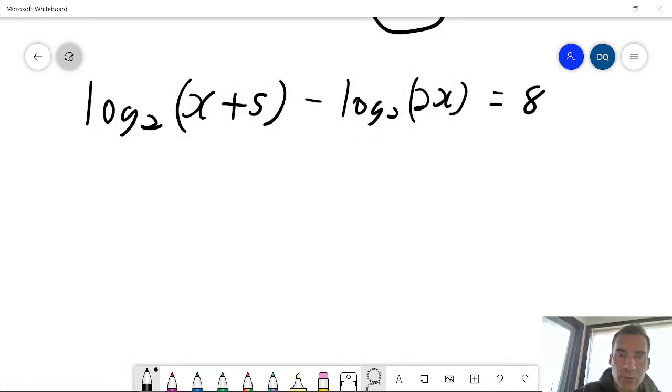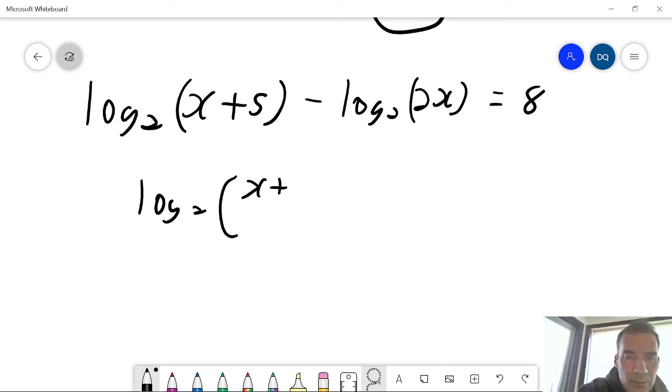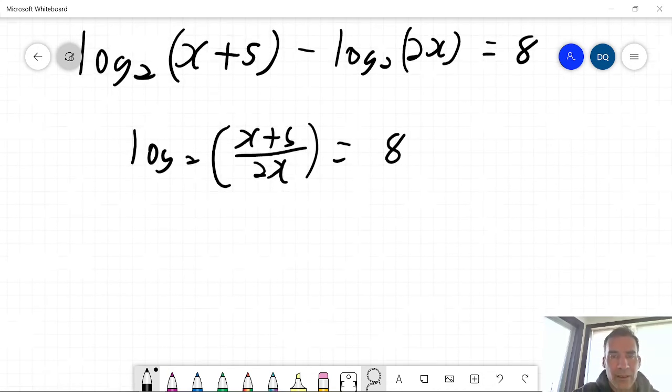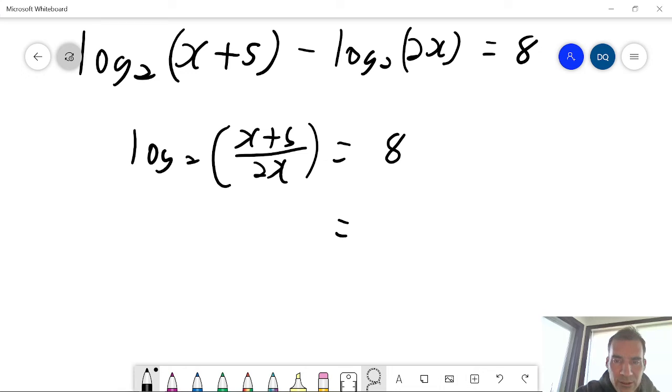Okay, so I'm going to employ the usual strategy to solve this. So I've got the base 2 log of x plus 5 divided by 2x. And that's equal to 8. I now want to write 8 as a base 2 log.